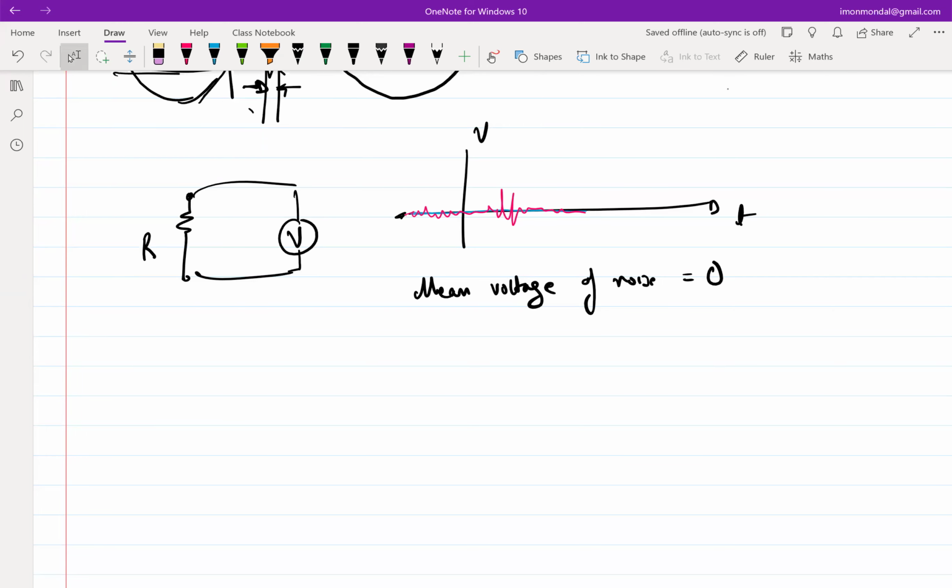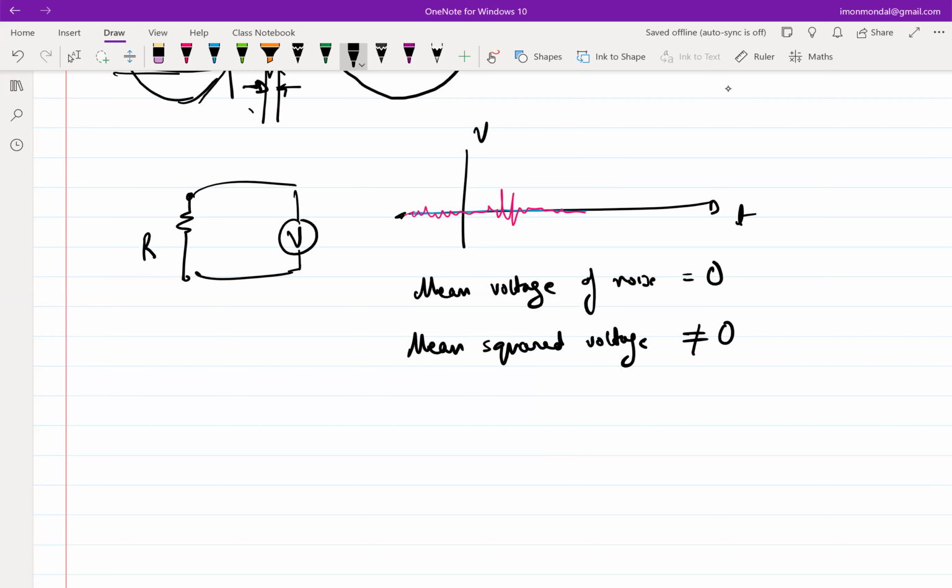However, the mean squared is not 0. Right? The mean squared is what? You square everything, whatever goes on the negative side, you flip it to the positive side. So naturally, mean squared will never be 0. It's non-zero.